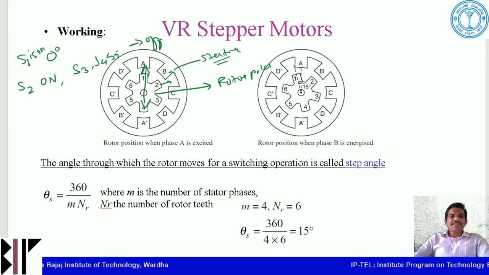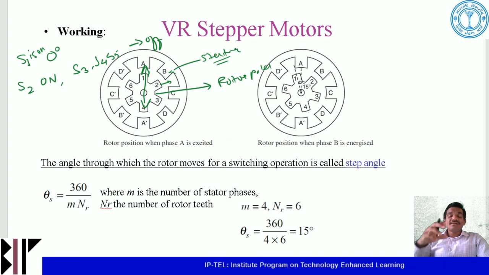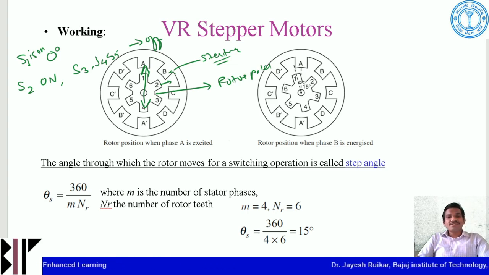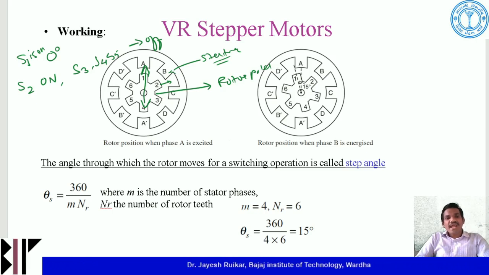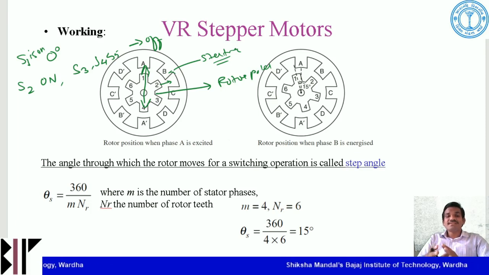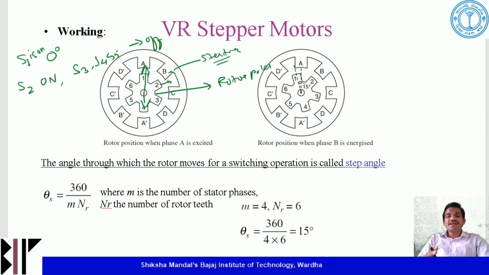So what happens in that case? Phase B is energized, whereas phase A is de-energized. When you excite phase B, the stator poles B and B dash get magnetized, and the rotor will move in a direction where it gets minimum magnetic resistance, or minimum reluctance.